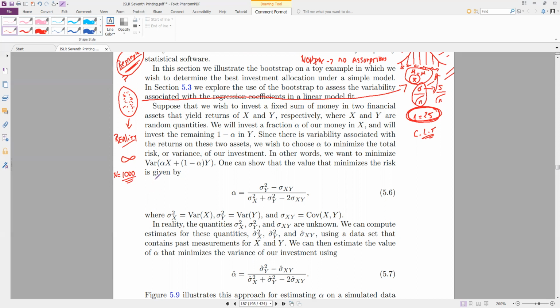So let's resample 1,000 times from the population and mimic this process right here. We're going to mimic the process. That's what bootstrapping is about, or at least it's a very, very common use of bootstrapping.